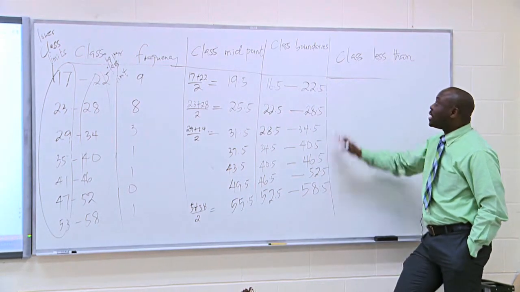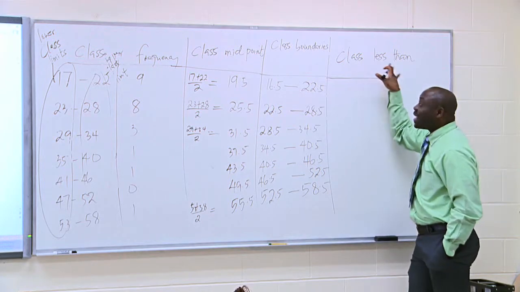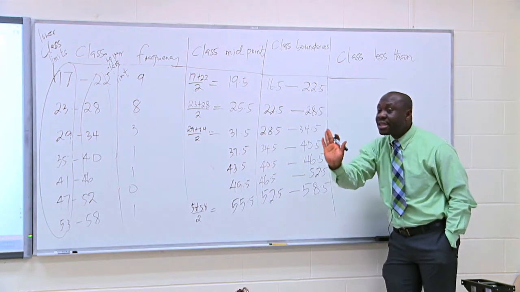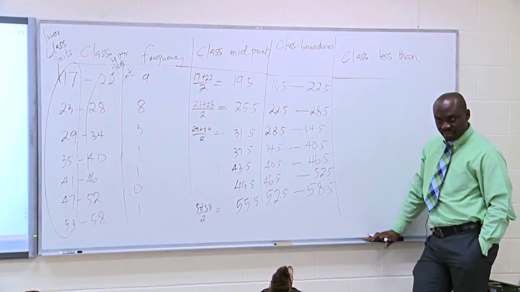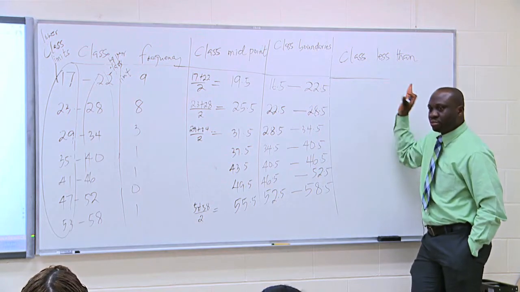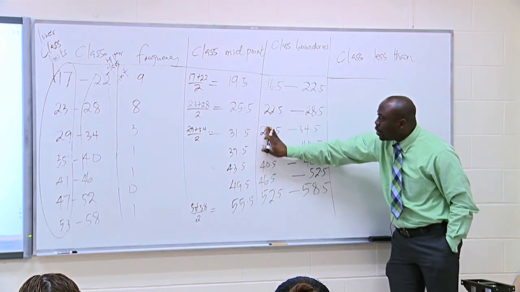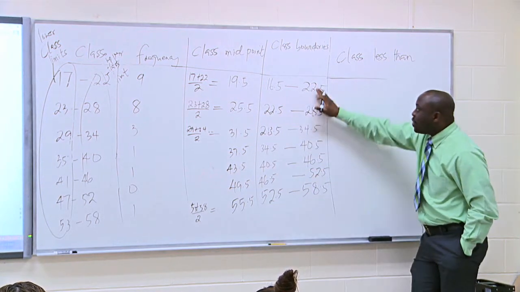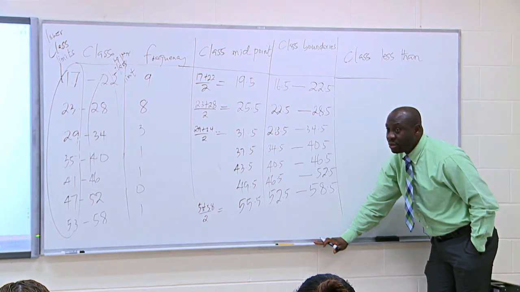Now I said that so that finding class less than will be as easy as anything, because the class less than is the same as the upper boundaries. So like Microsoft, copy and paste. These are called the lower boundaries, and these are the upper boundaries.